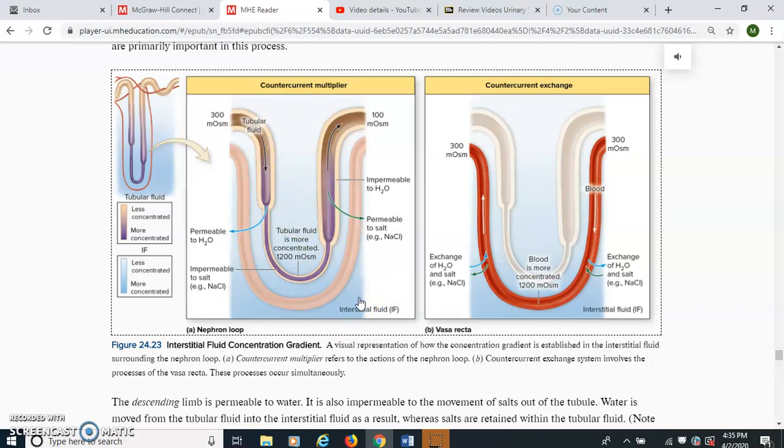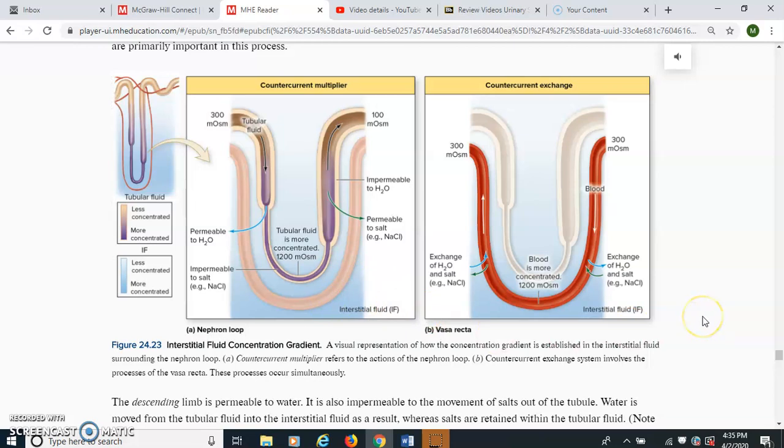So we have to have this concentration gradient, with a higher concentration of salt here, so that the antidiuretic hormone that we talked about when we talked about water reabsorption can work. Remember, antidiuretic hormone is going to cause more water reabsorption.